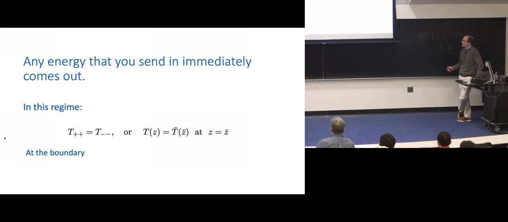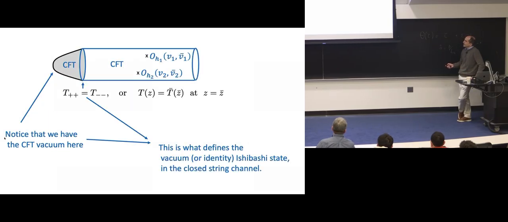What this means is that in this regime, there is no energy that goes into this gravitating region. As soon as energy wants to go in, it gets reflected out. So the stress tensor at this boundary obeys T++ equal to T−−, that is, there is no flux of energy into the gravitating region.